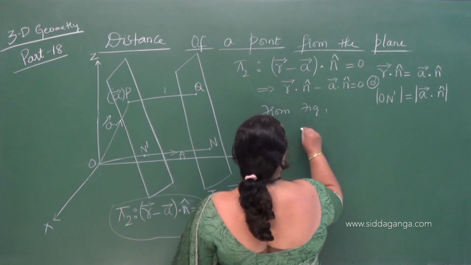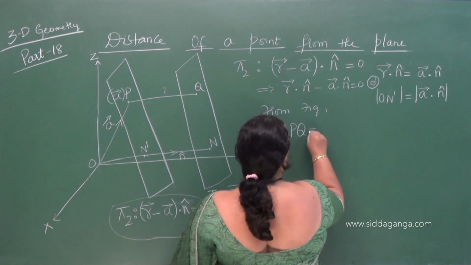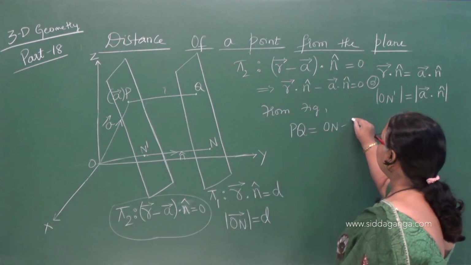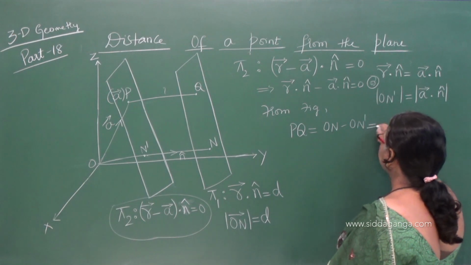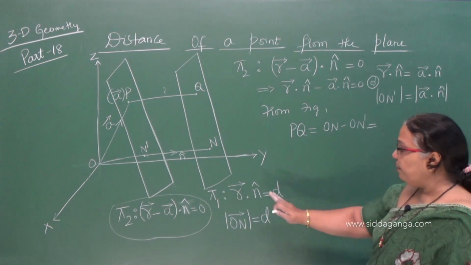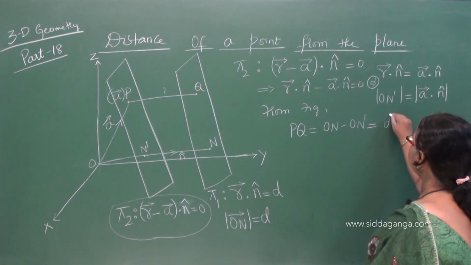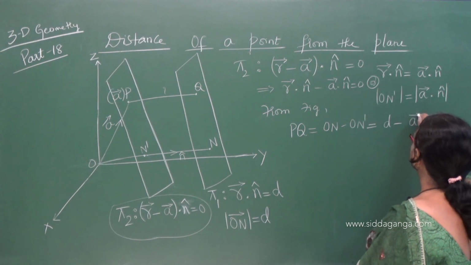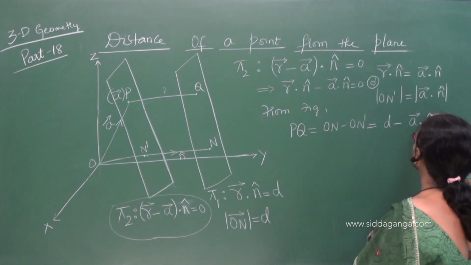From the figure, the PQ distance is nothing but ON minus ON dash. That is equal to the ON distance. When we say distance, we take the magnitude. That is d minus the magnitude of vector A dot n cap.